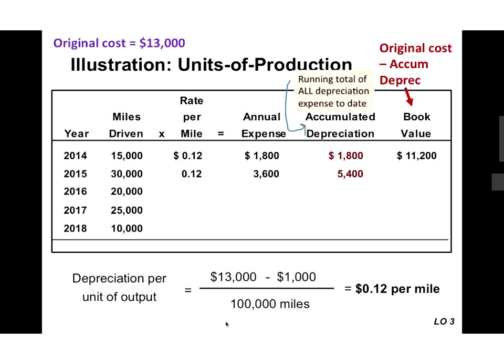And then my book value will be $13,000 minus the $5,400 to get me $7,600. So over time, our accumulated depreciation gets larger, our book value gets smaller.